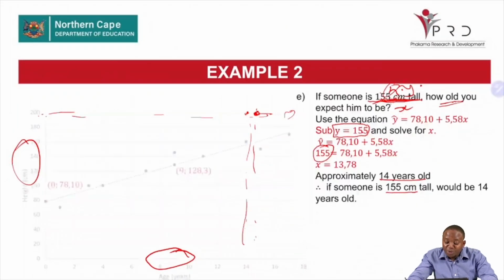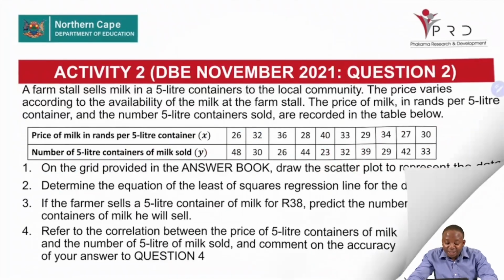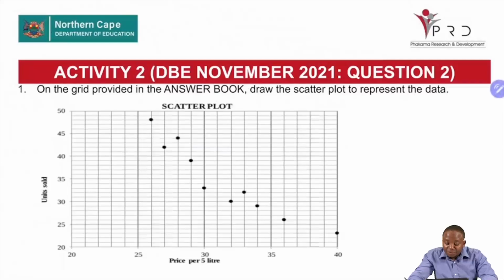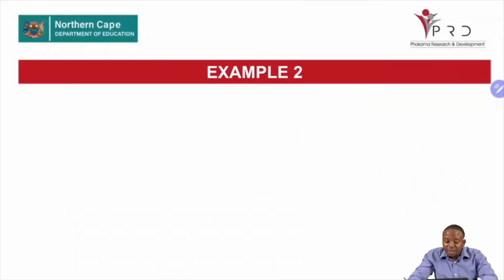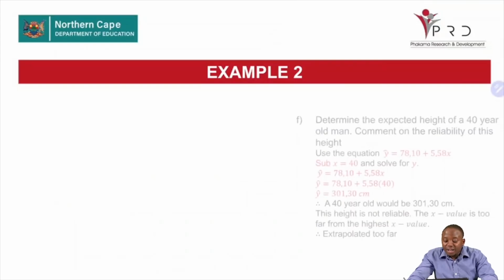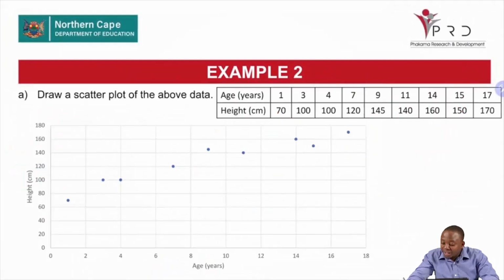Now, when you go to the table, why am I saying the 155 centimeters is our interpolation? That was an interpolated value because the highest value we have is 170.